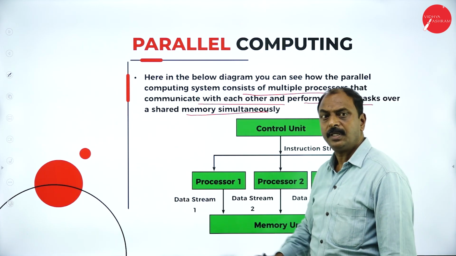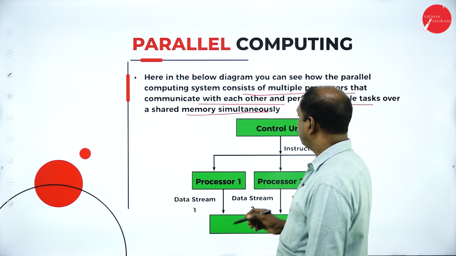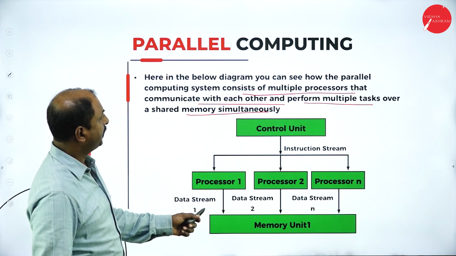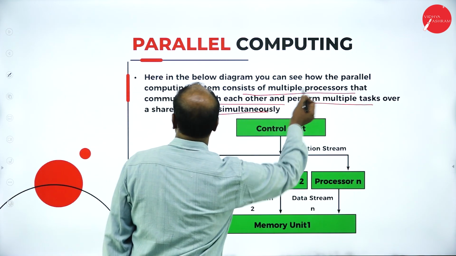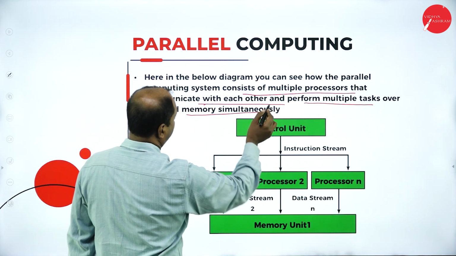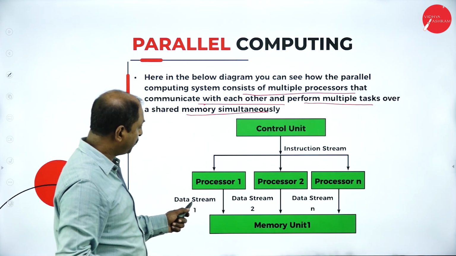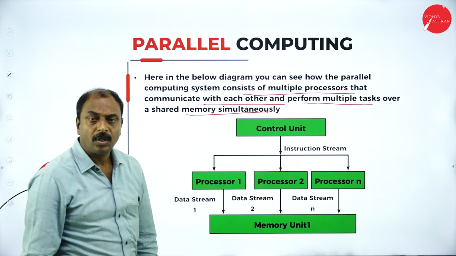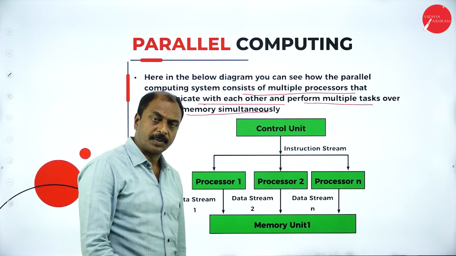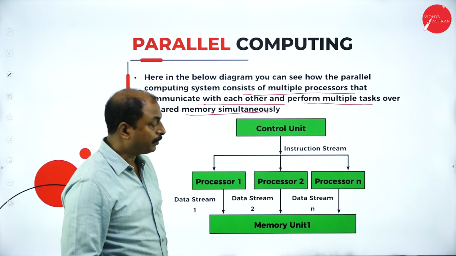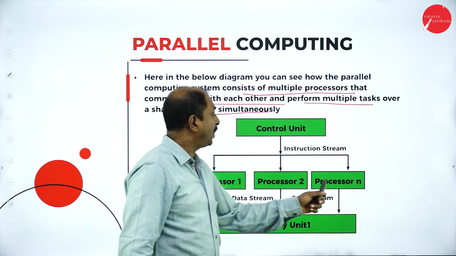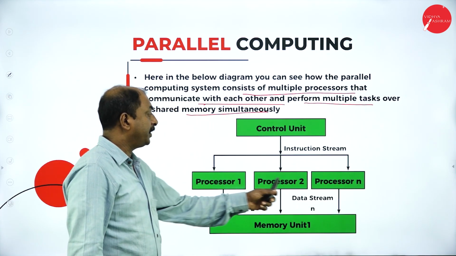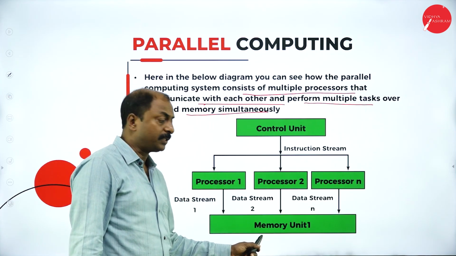In this system there are 3 processors, and the multiple processors communicate with each other. Here are data stream 1, data stream 2 and data stream 3. To solve a complex problem, it is divided into a number of sub-problems, each sub-problem is processed separately, but they share the same memory system.